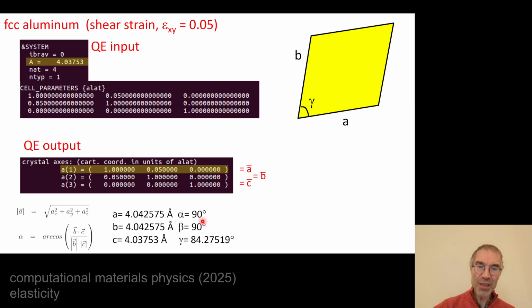And these angles alpha and beta are 90 degrees, and gamma, the angle between A and B, is somewhat less than 90 degrees. So I've clearly squeezed my crystal.